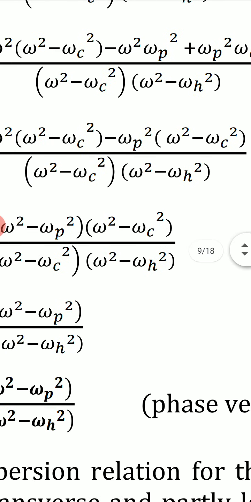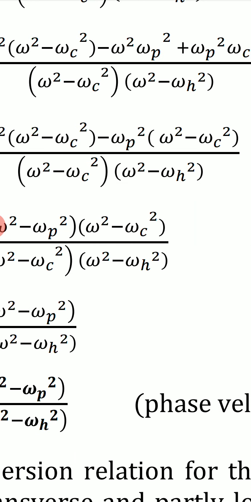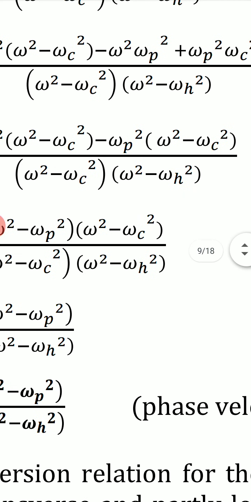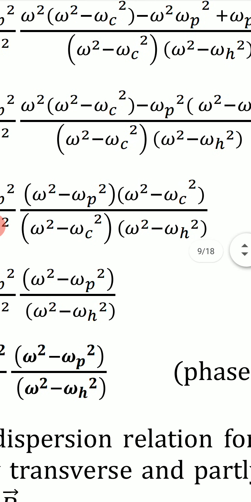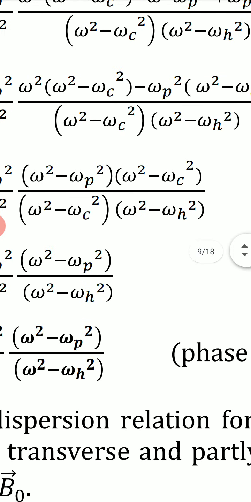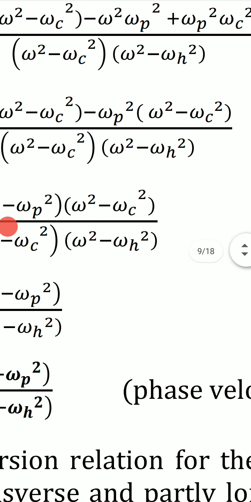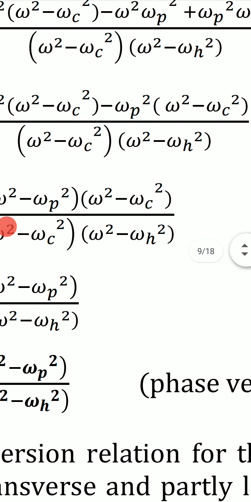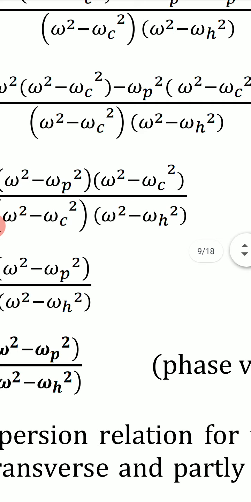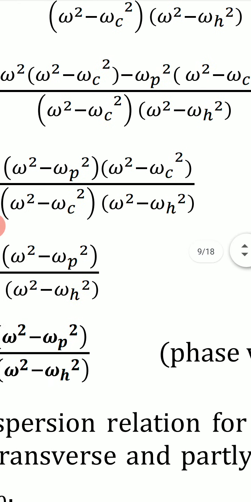In this way we write omega square minus omega c square in the two terms of numerator and in the one term of denominator. Now take this omega square minus omega c square in numerator as common, which is common to both the two terms of numerator.